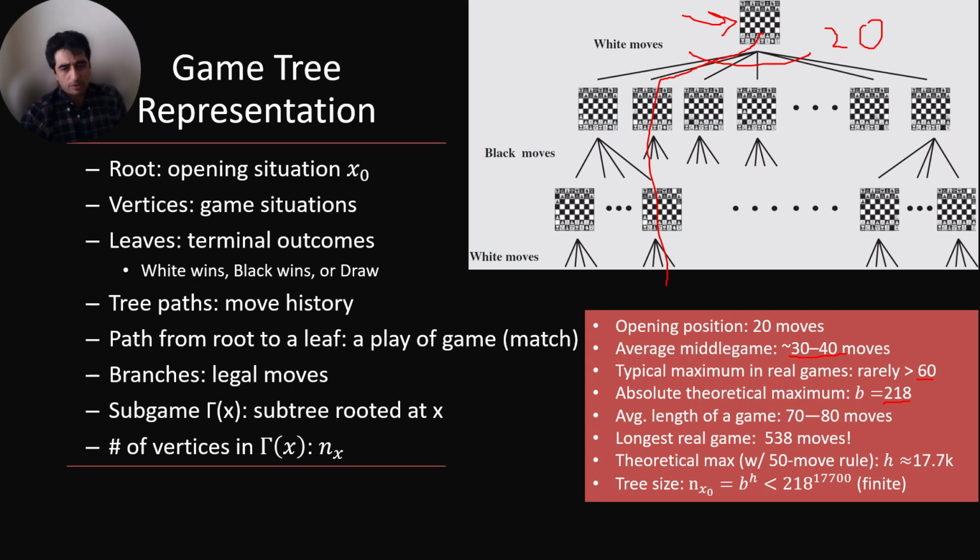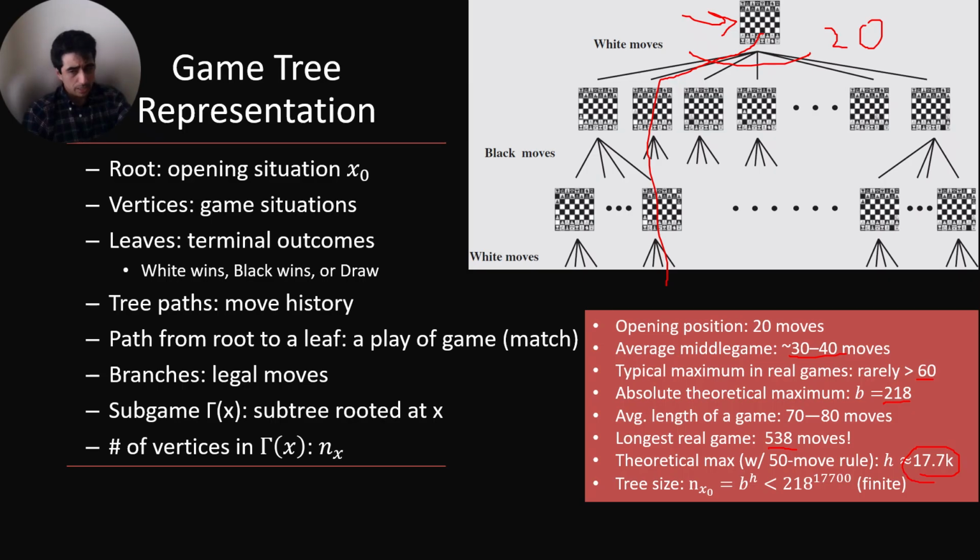As I mentioned before, you have like 70 to 80 moves, because each side plays somewhere around 35 to 40 moves. And why do we care about these? Because I need to find out what the height of this tree is. The longest real game has this many moves, as I showed you before, but the theoretical max with the 50 move rule would be around 17.7 thousand.